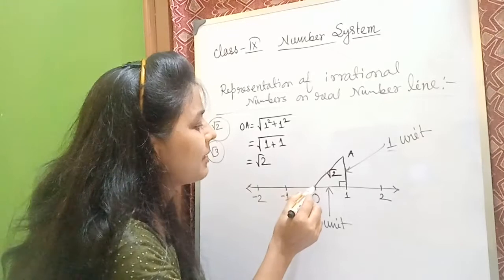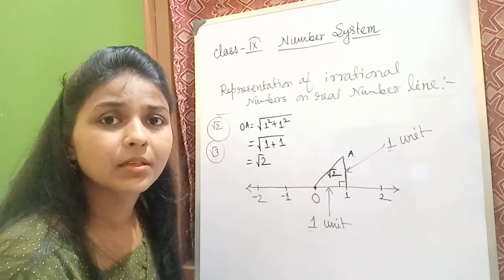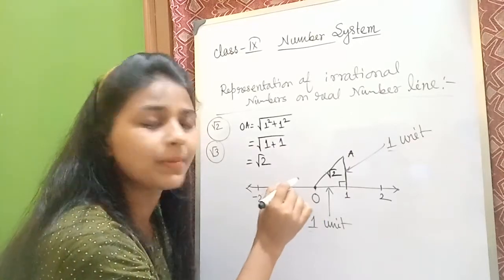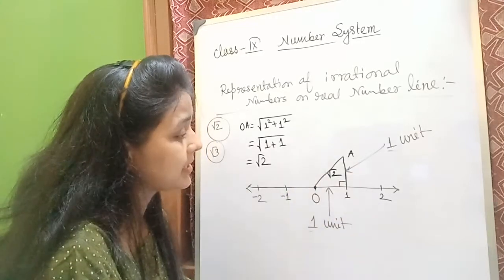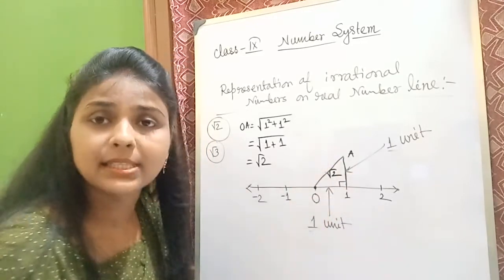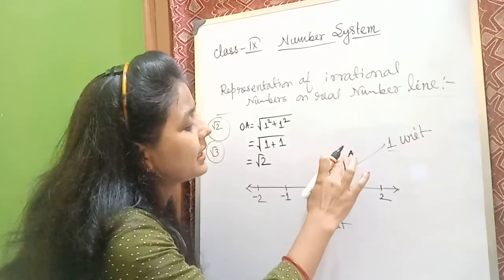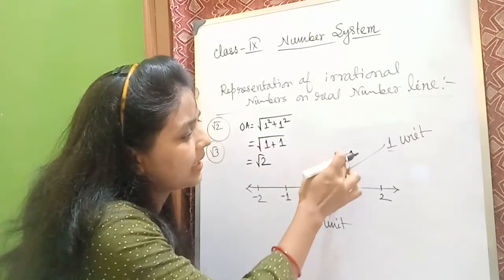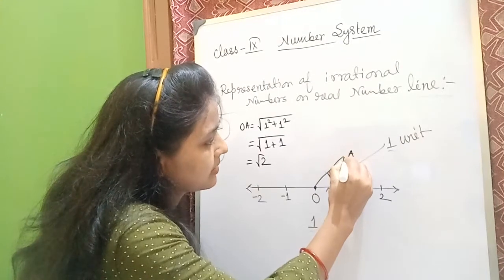You place the pointed part of the pencil compass on O. You take the measurement OA with the compass, the same measurement OA. Now, when you are taking the OA measurement, suppose O is the center and you are drawing an arc like this.